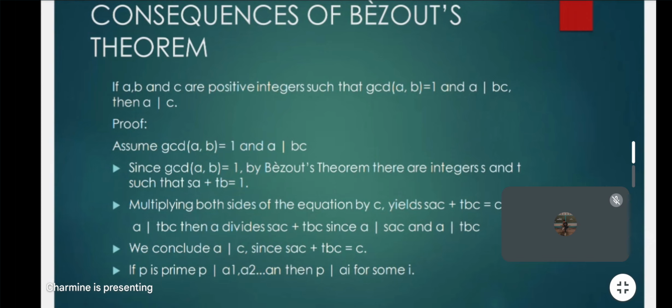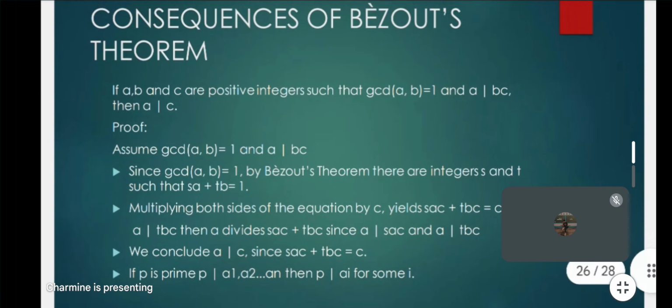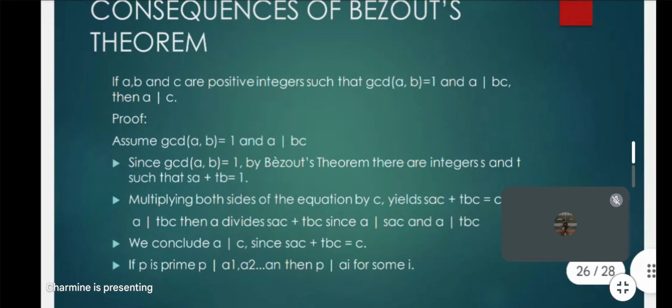Multiplying both sides of the equation by C, we get SAC plus TBC equals C. A divides SAC and A divides TBC, so A divides SAC plus TBC. We conclude A divides C since SAC plus TBC equals C.